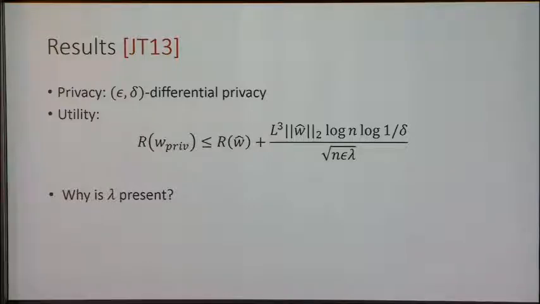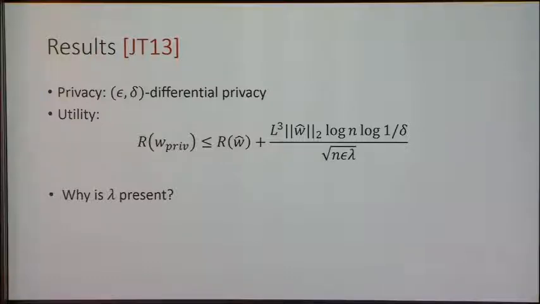The explanation for that is that in the earlier case, the test set and the training set were coming from the same distribution, and what we wanted was that our performance on this distribution is good. But here what we are saying is that our performance on the test distribution is as good as the performance of W hat. We are not claiming that we will give the best performance on the test set. That is not possible because we don't even have any labels from the test set.